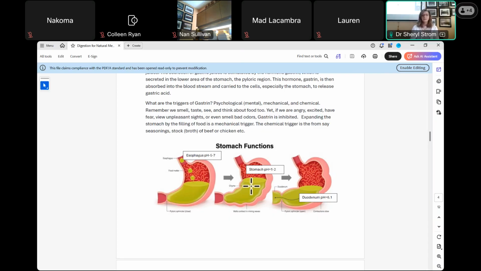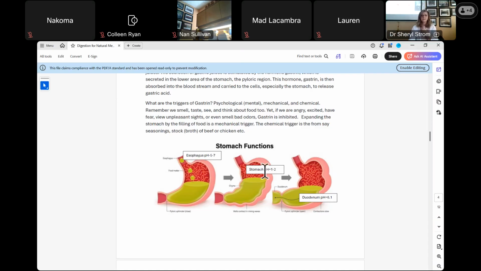But know that the upper portion of the esophagus and stomach area is a little bit more alkaline than the body of the stomach. So the body of the stomach is about a pH of 1 to 2. Esophagus and the upper stomach is where you said it was 5 to 7. Correct.